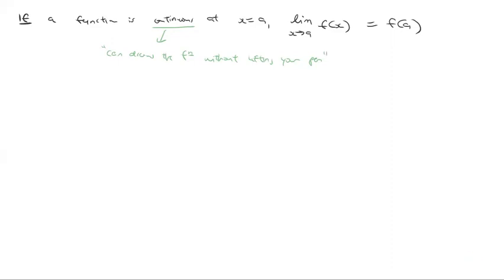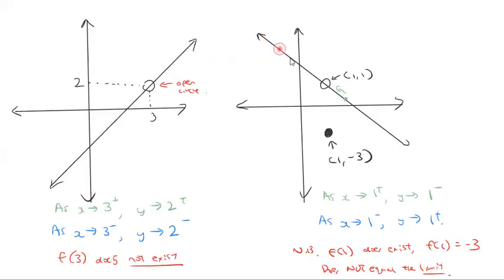So clearly, something like this, I can't draw without lifting my pen, because I have to draw this dot. Technically, to draw this function, I have to lift my pen because I have this cut open here. So I should be going here, then leaving a gap and then doing it again. Does that make sense?